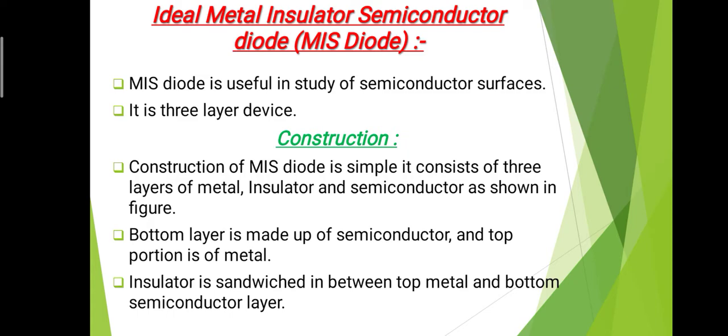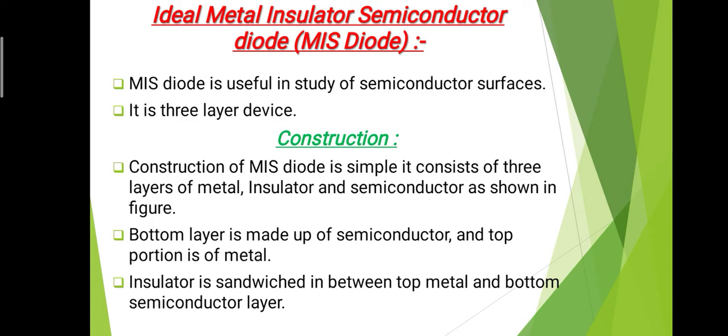The semiconductor is either P type or N type, and we know that the insulator is only an insulator, there is no N or P like in a semiconductor and metal. So this is the 3-layer device: first is the metal, second is the insulator, and third one is the semiconductor.